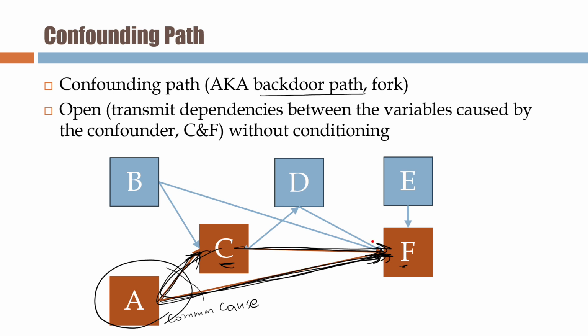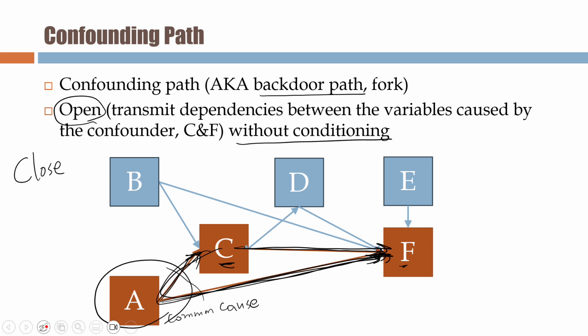So it's a confounding path, and this is open. I will talk about what is open and closed. Open means without conditioning. Without conditioning means you don't restrict anything here.